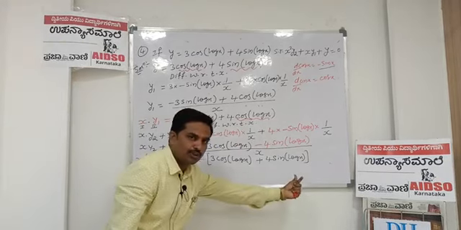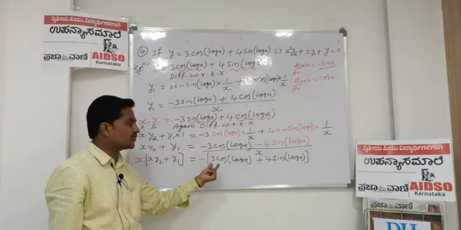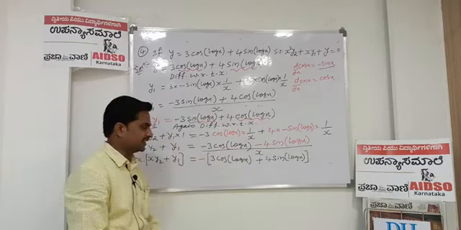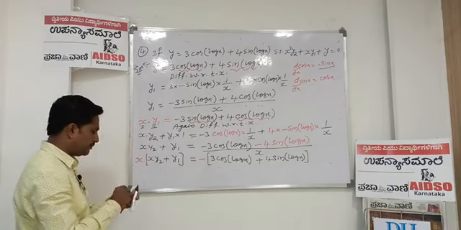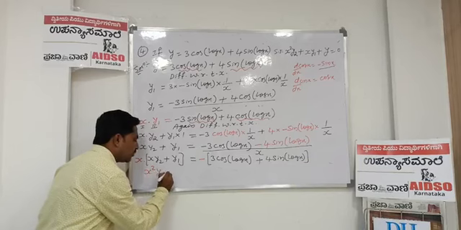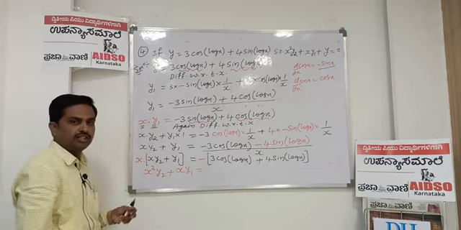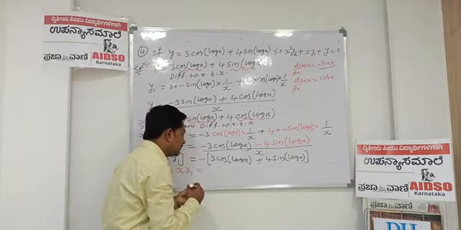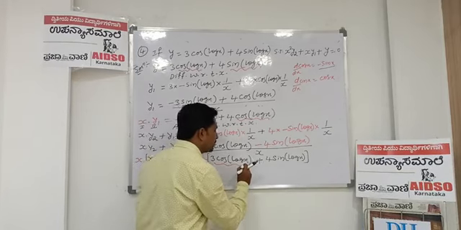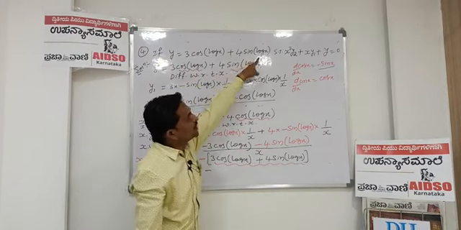So this is an important step where we need to perfectly introduce minus common on the RHS. It will remain with 3 cos of log x plus 4 sine of log x. Then further it can be multiplied, and it becomes x into x, which is x square y2 plus x into y1, which is xy1, is equal to, this minus will be as it is, and in this place 3 cos of log x plus 4 sine of log x.